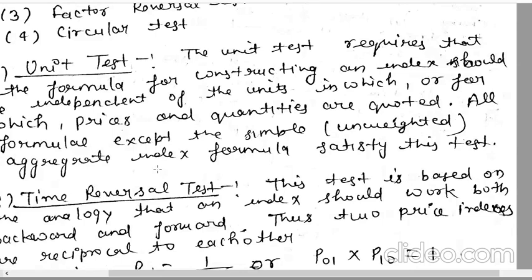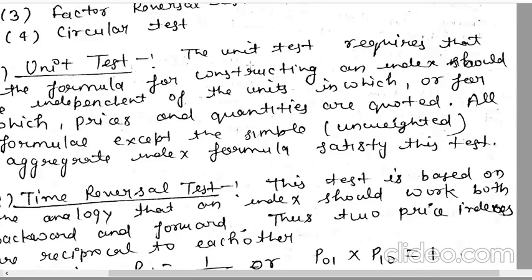So first one, unit test. The unit test requires that the formula for constructing an index should be independent of the units in which prices and quantities are quoted. All formulas except the simple aggregate index formula satisfy this test. Right?